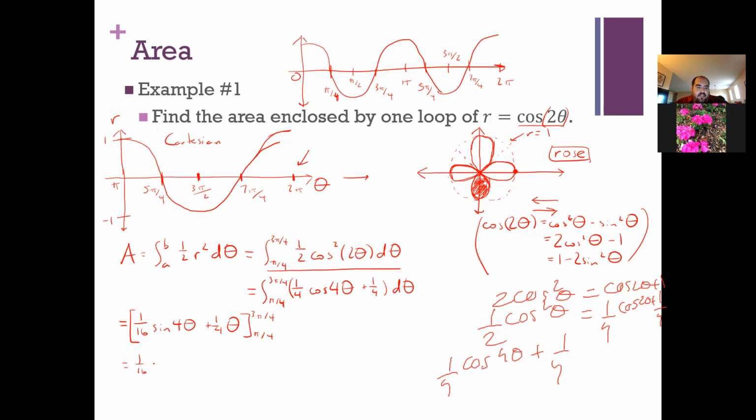So I get 1/16 times the sine of 3 pi plus 1/4 times 3 pi over 4, minus 1/16 times the sine of pi plus 1/4 times pi over 4.